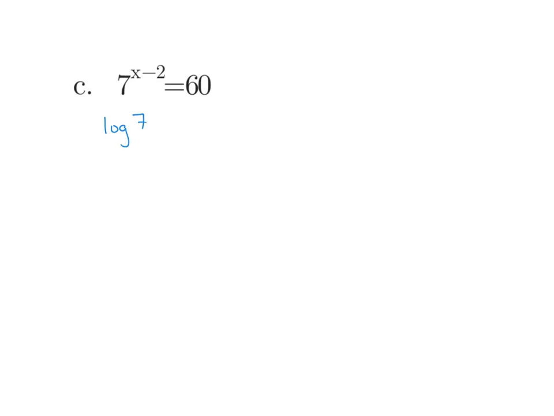We get log of 7 to the x minus 2 equals log of 60. I can move all of the x minus 2 down to the front. Make sure that you have it in parentheses because this whole thing is being multiplied to log of 7. We bring down everything else. So I get x minus 2, that whole thing, times log of 7 equals log of 60.